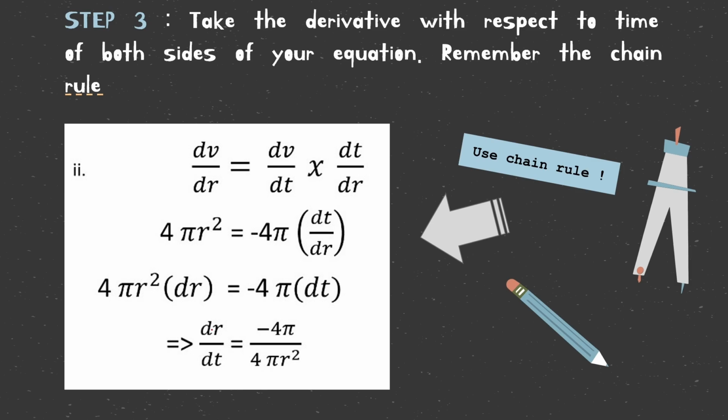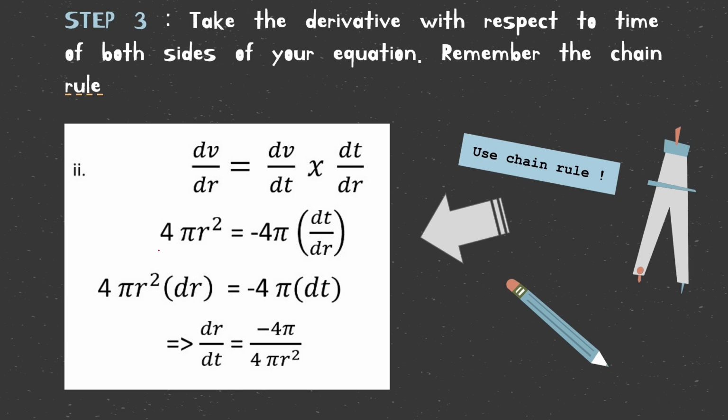First, we have to write the formula. The formula is dV over dr equals dV over dt times dt over dr. From the previous step, we already have the value of dV over dr, which is 4 pi r squared.